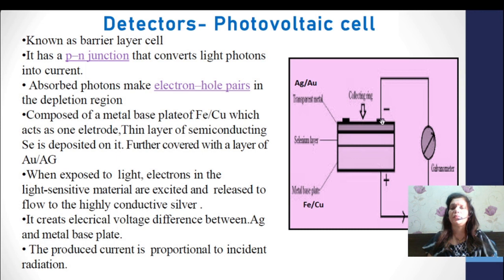Due to this development of electrons, an electrical barrier develops, and it tries to transport the signal; from here the direction of electron flow starts, the galvanometer shows deflection, and you will get a reading. So the produced current is proportional to the incident radiation. Whatever incident radiation is on this particular transparent layer, depending upon that, it produces the current.